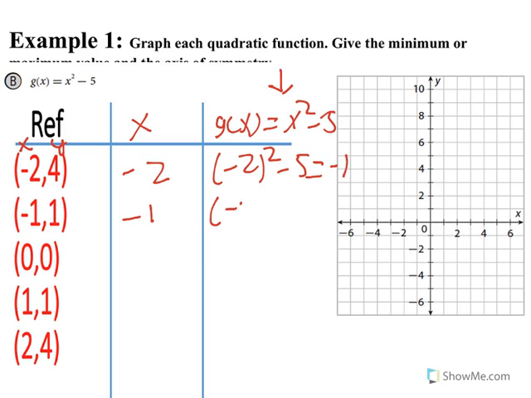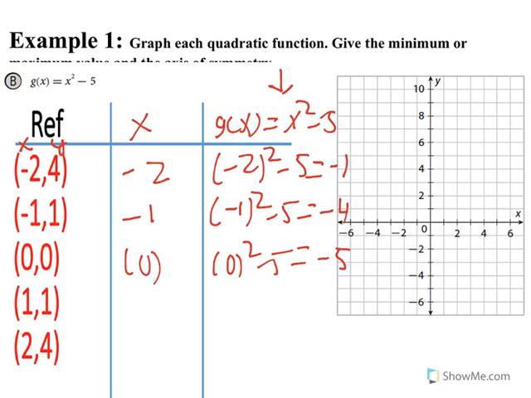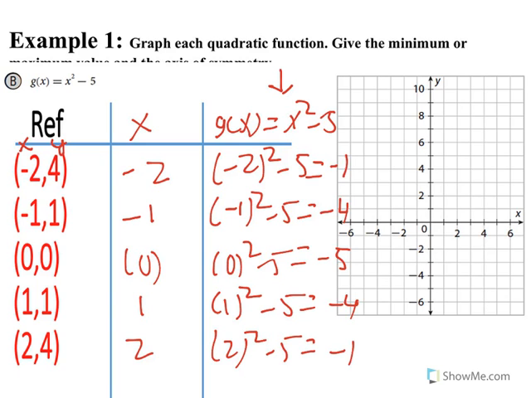For negative 1, we have negative 1 squared minus 5, so 1 minus 5 gives us negative 4. For 0, 0 squared minus 5 gives us negative 5. For 1, 1 squared minus 5 gives us negative 4, and for 2, 2 squared minus 5, 4 minus 5, is negative 1. So we can go and graph those.